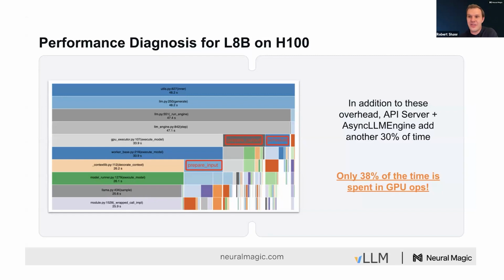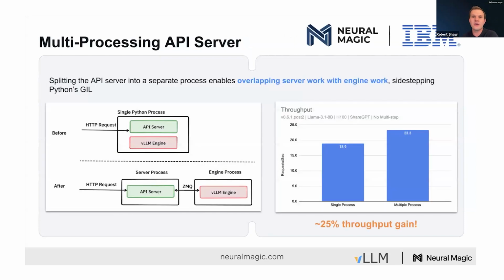And when you add in the API server on top of this, which is another 30% overhead, we were getting only 38% of the time being spent in GPU operations. So clearly what we needed to focus on is how can we increase the performance of the CPU parts of vLLM to make it faster.